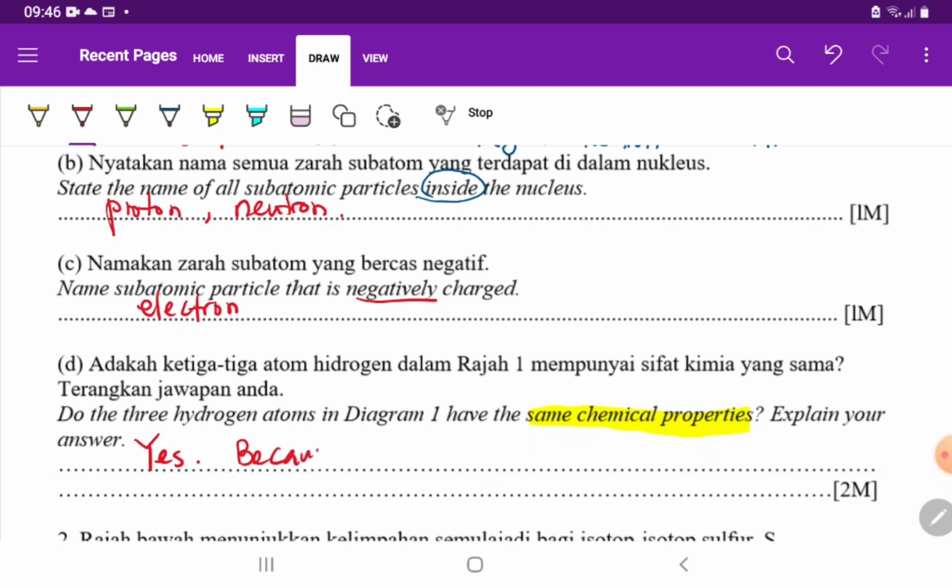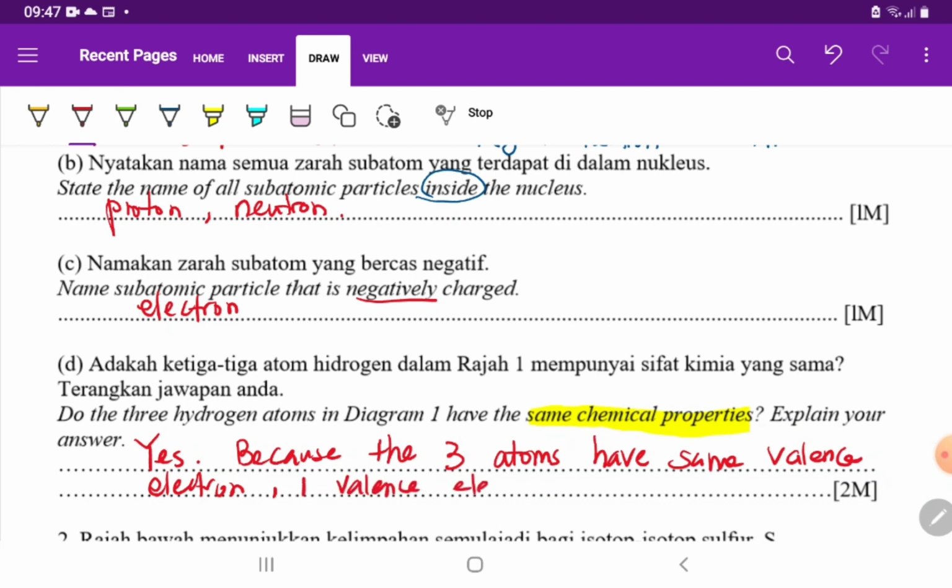Because the three atoms have the same valence electrons. Same valence electrons, that is one. There is one valence electron.